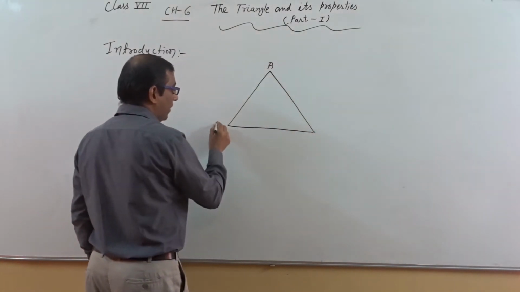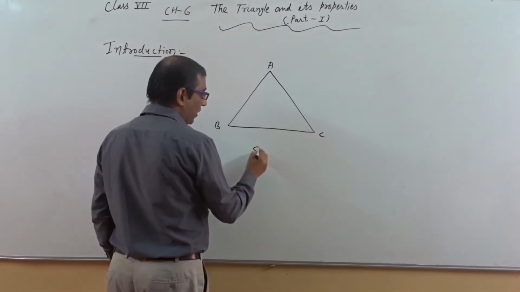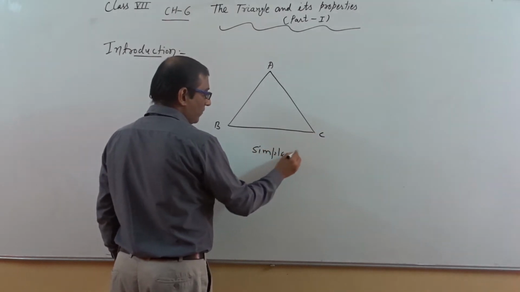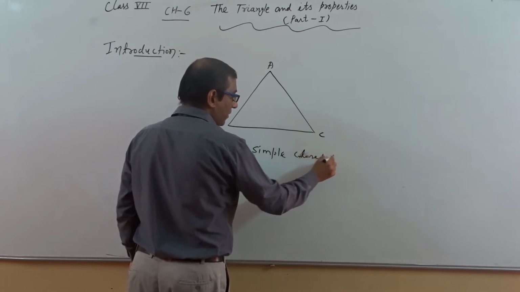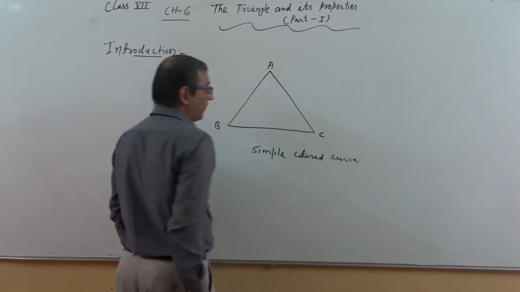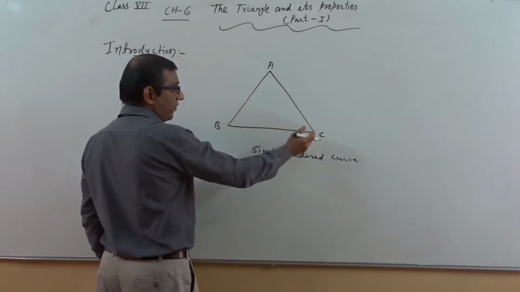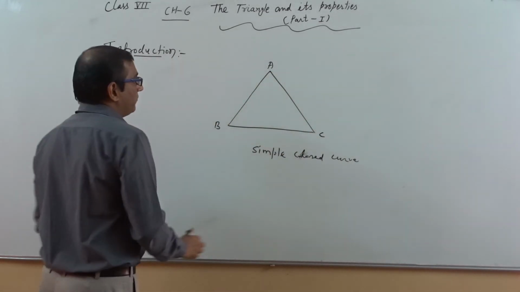which is a simple closed curve related with three line segments AB, BC and CA.